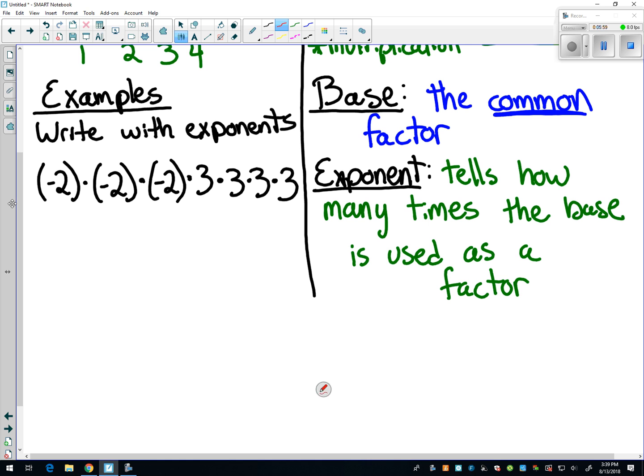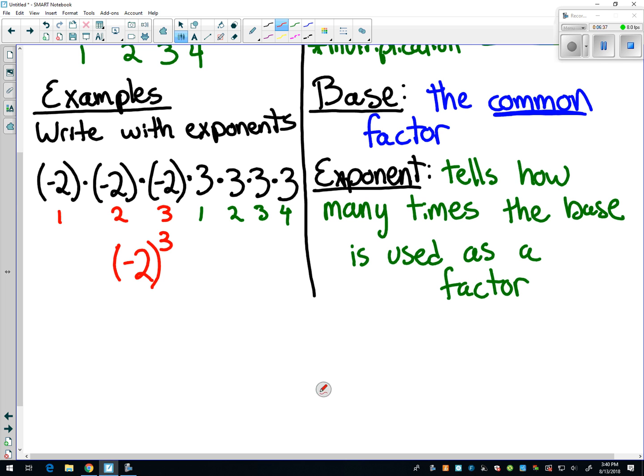So the first part I'm going to notice is I have quite a few -2's. I have 1, 2, 3 -2's. And then I have 1, 2, 3, 4 positive 3's. So here's where I'll start. I'll start with writing my first common factor. My first base is -2. Its exponent should be 3 for the 3 -2's in the expression.